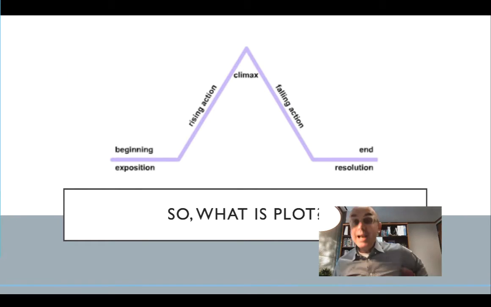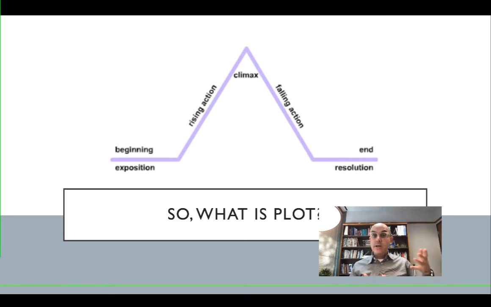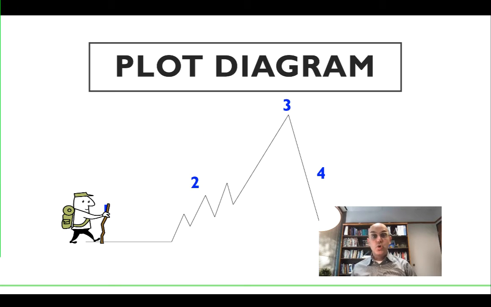So let's talk a little bit about graph and plot and what it is. If we convert the idea of a plot to a narrative, an English narrative or storytelling, we always have the beginning. We see the rising action, the climax, and the falling action, and the end or the resolution to it.